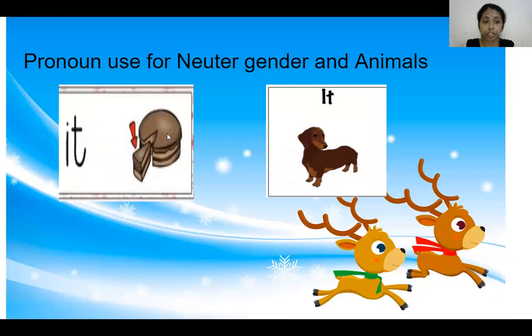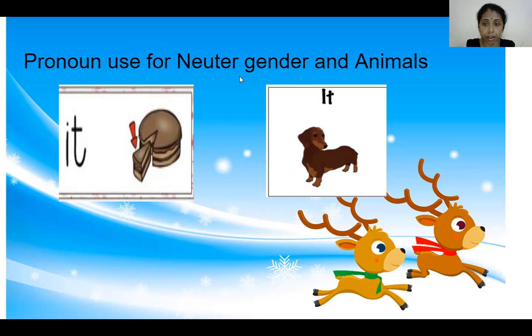Now, next one is pronoun that is used for neuter gender and animals. Neuter gender means non-living things. For non-living things and for animals, we will use it.